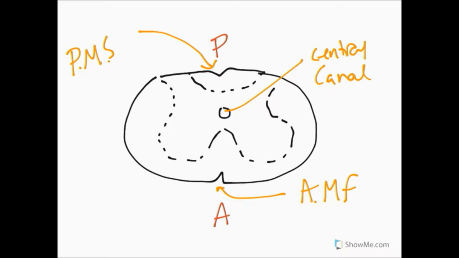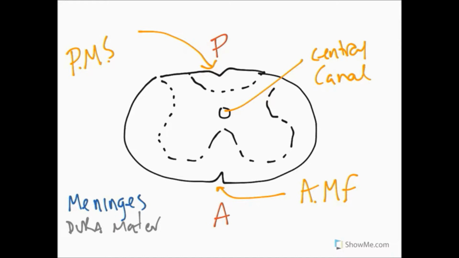I now want to take a little bit of time just to deal with the connective tissue that surrounds the spinal cord, and that has a general name known as the meninges. So we'll just write up the word meninges. And there are 3 component parts to this. We have the dura mater, put that in grey.